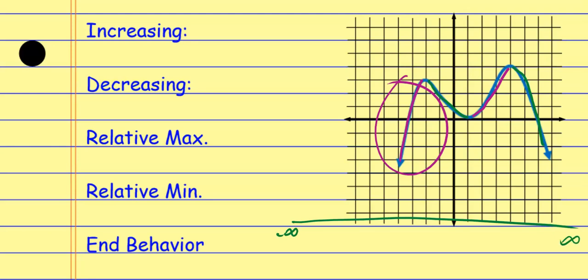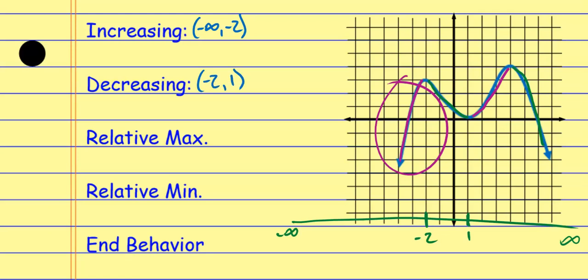Let's see, it was going up until I got to here. So negative infinity to negative 2 was increasing. And then from negative 2 until I got to positive 1, well, there the function was going down. It was decreasing. So that would be in the decreasing section.